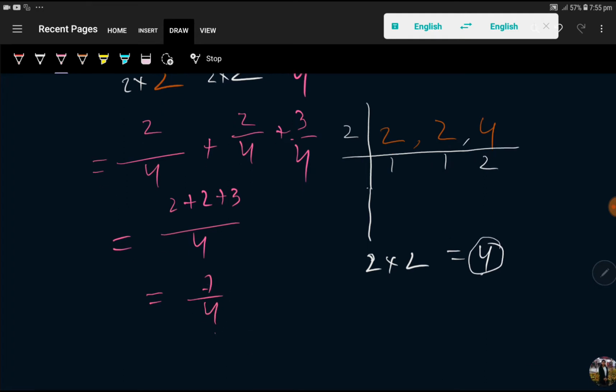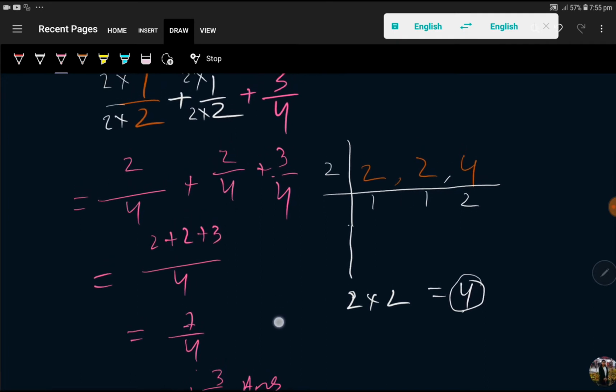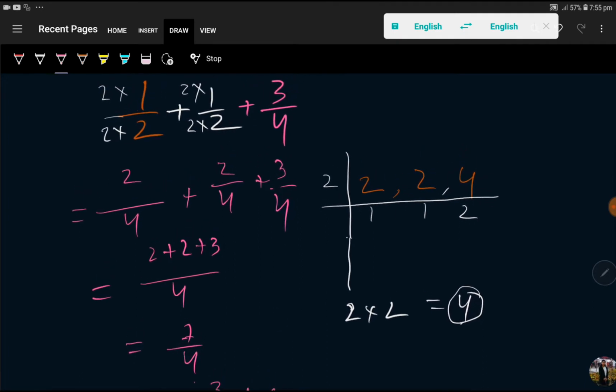And this is an improper fraction. So if I convert this improper fraction to a mixed number, then I will get 1 and 3 over 4. This is the answer, right? Okay, this is the second method.